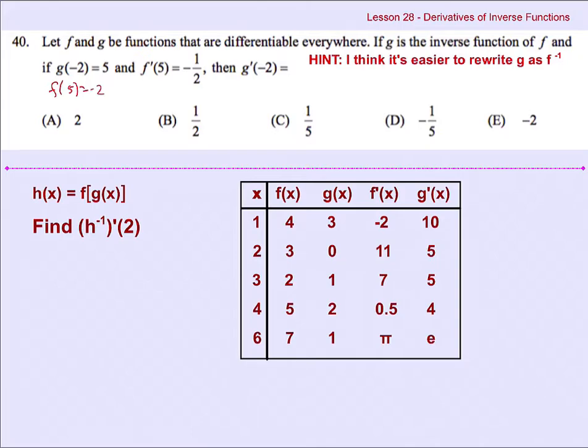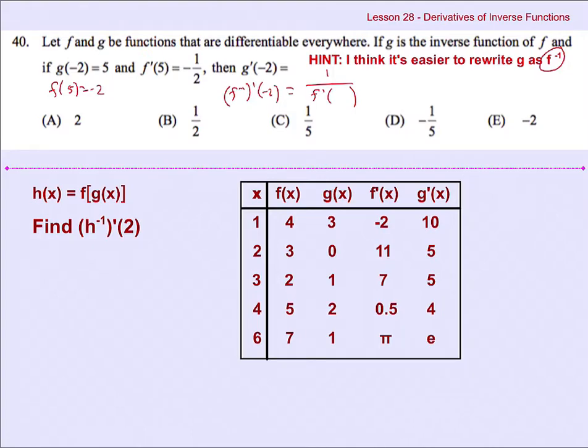And so this is where we're going to use the formula again, the derivative of an inverse function, and I find it a little bit easier to actually, instead of calling it g, call it f inverse. So if we want to find f inverse prime of negative 2, it would be equal to 1 over, or the reciprocal of, f prime, not f inverse prime, but f prime of whatever number corresponds to the negative 2.